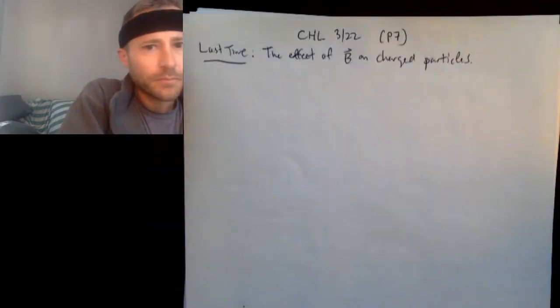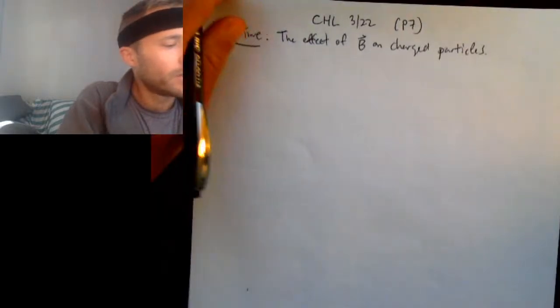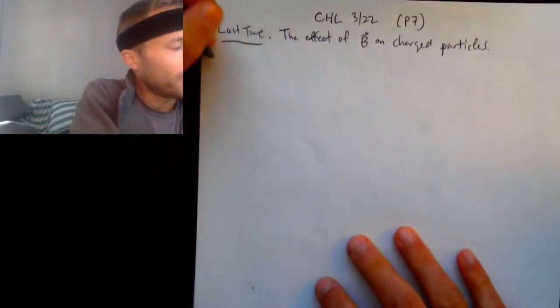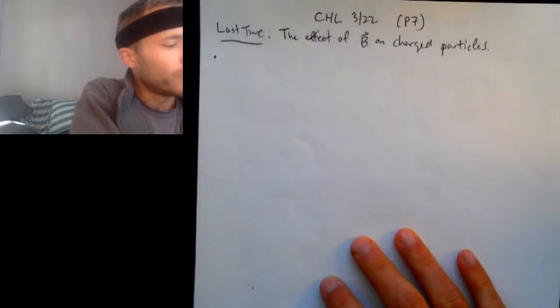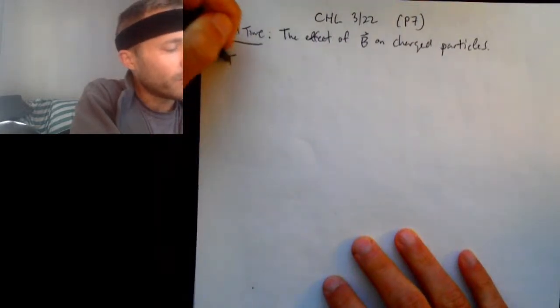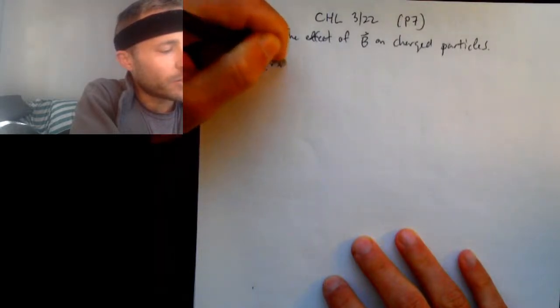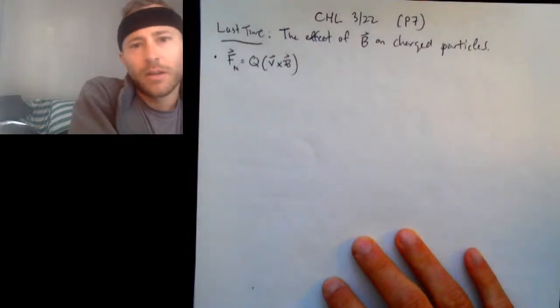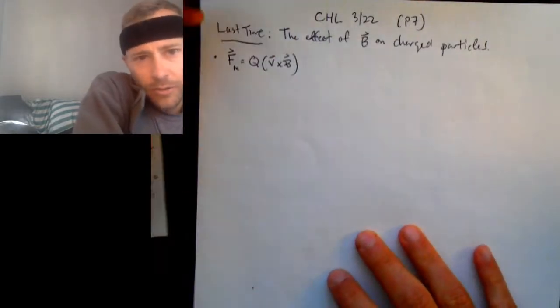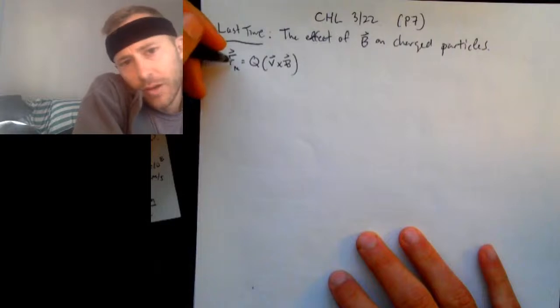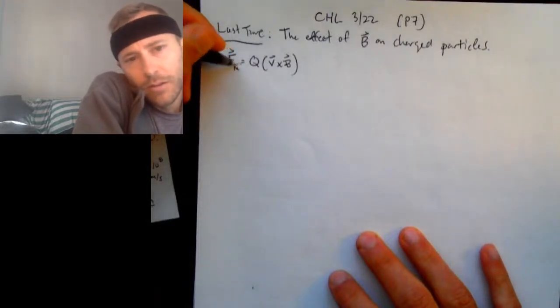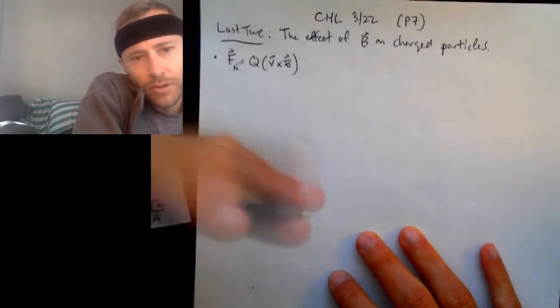We learned the rule for the magnetic force, Q times V cross B. This full vector form of the force is not really used until you get to higher level physics.